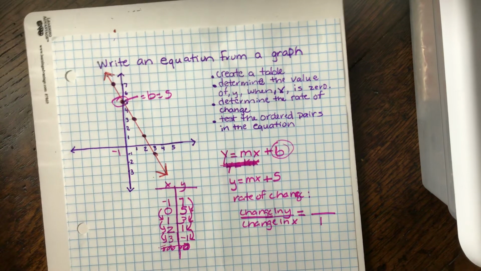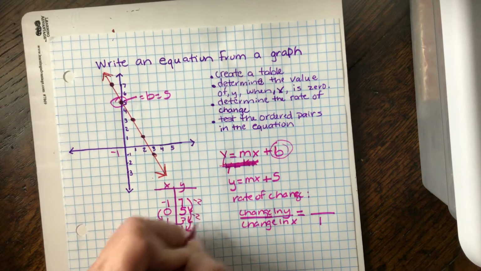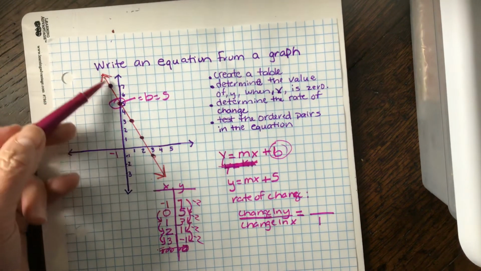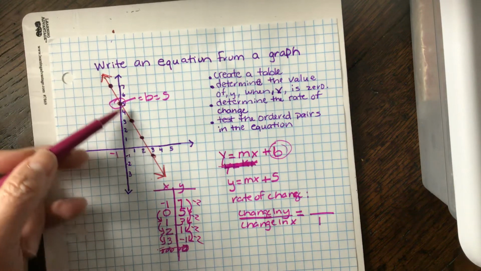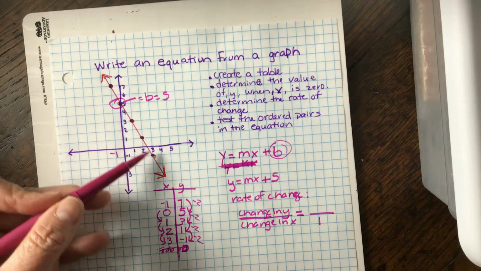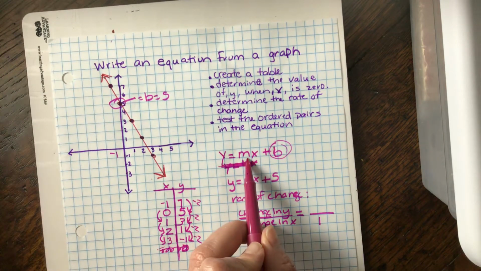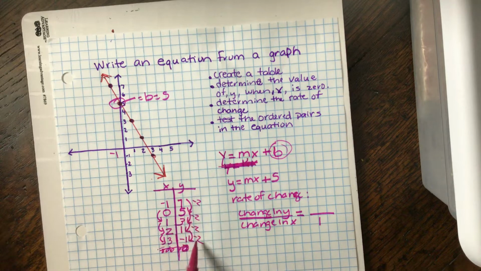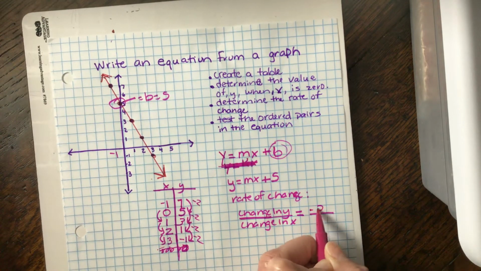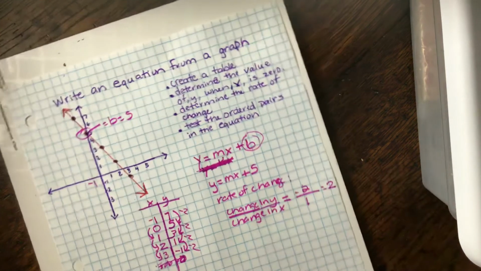They're decreasing, going down by 2 each time. If we look at our graph, from the previous example, when the graph goes in a downward line, we know the rate of change is negative. So our rate of change in this case is negative 2. Negative 2 over 1 is negative 2.